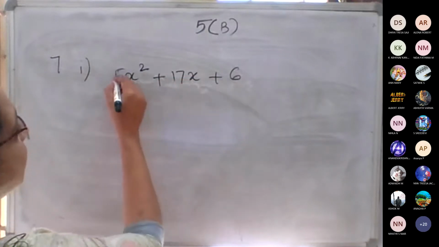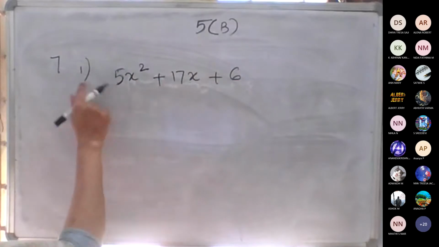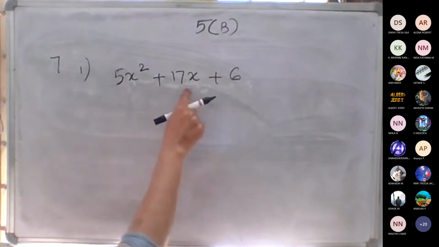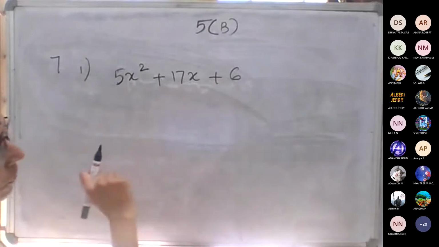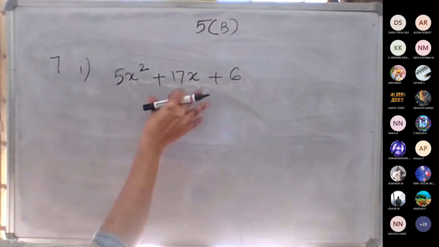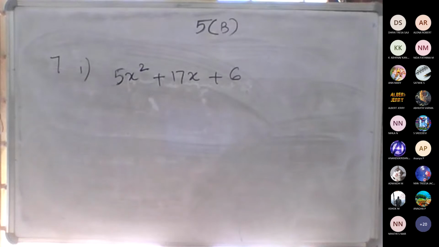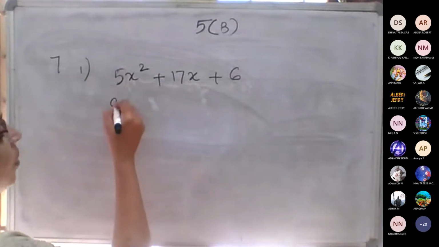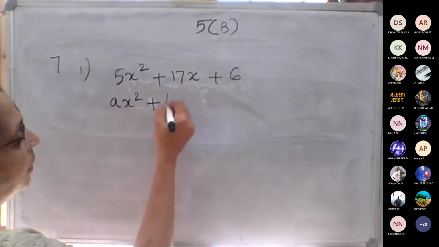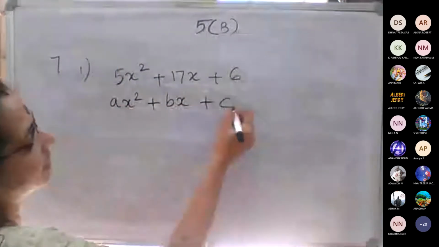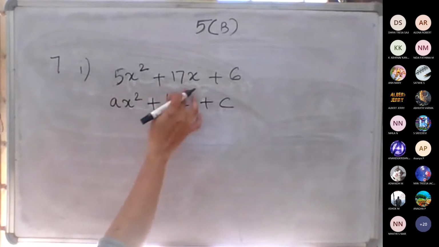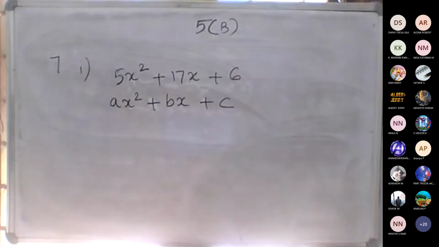Check whether it is the same as question number 18: 5x square plus 17x plus 6. Check whether this is factorizable or not. How can we check? This is in the form of ax square plus bx plus c.